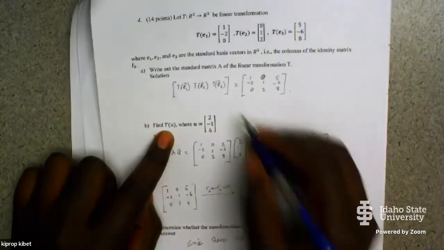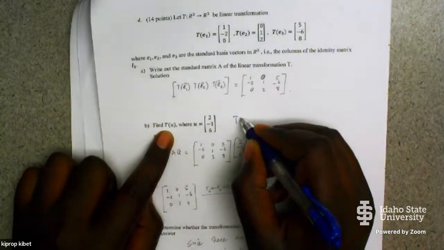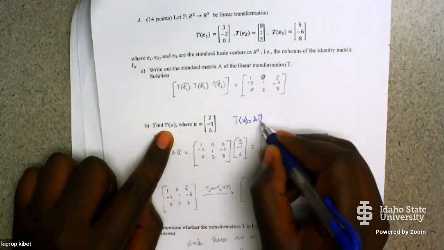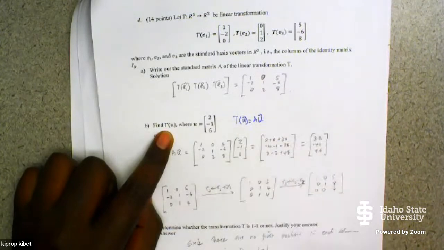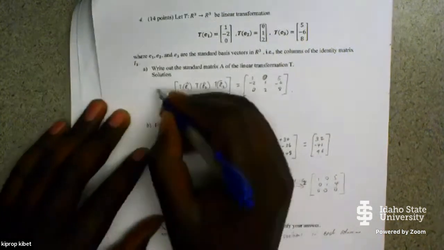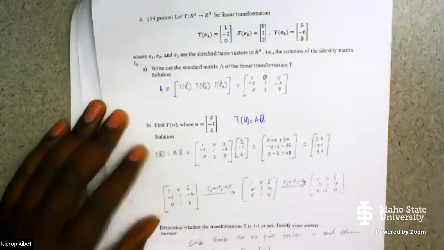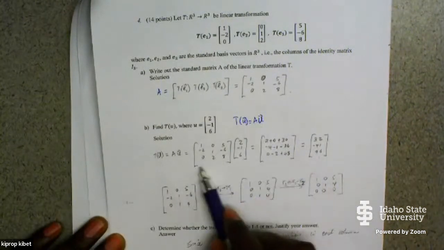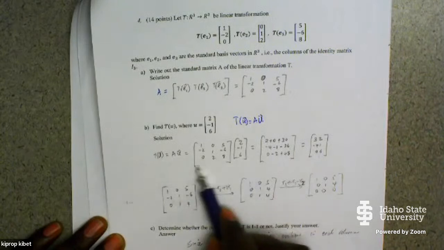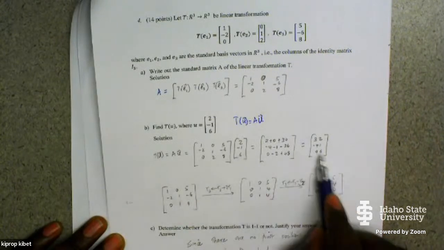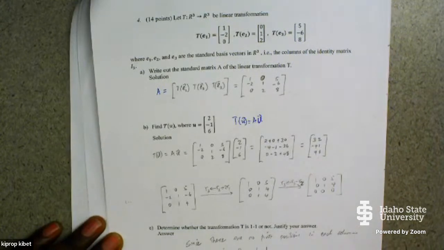T of u is basically equal to A u. So T of u is just the same as A u, and this is A. So you multiply A and u, and that is what you get. So this is basically for this section.